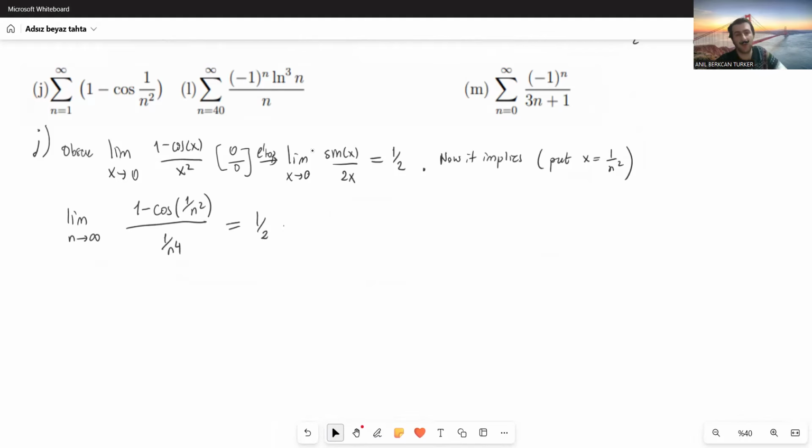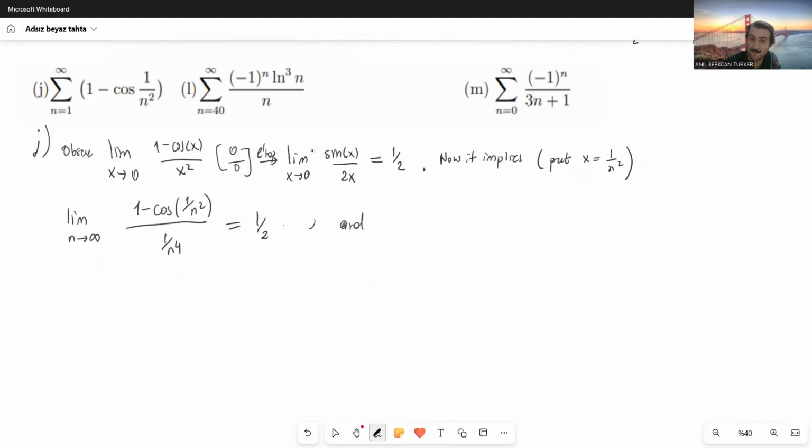Because the limit is the same, I just changed the variables. But using this trick, I get a limit comparison, right? Because I'm now comparing this thing with 1 over n to the power 4, and I get something bigger than 0 and less than infinity. So it means that this thing will behave like 1 over n to the power 4, which is convergent.